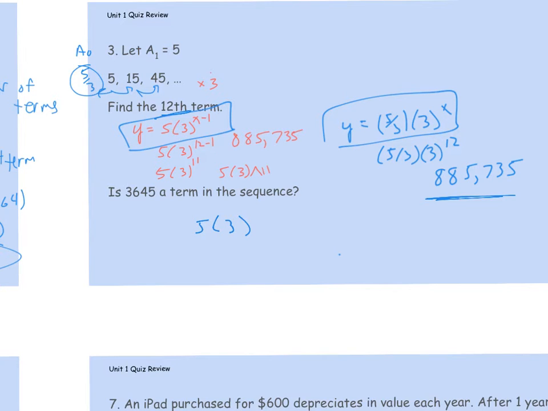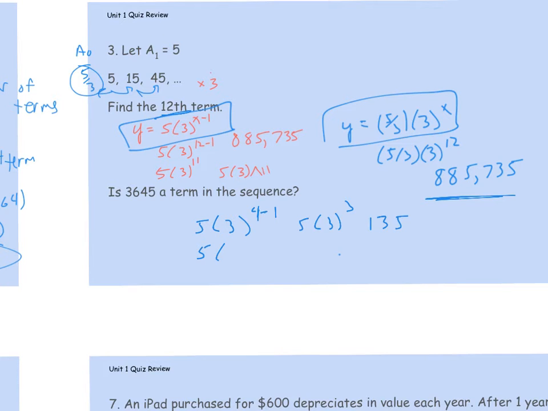Oh, let's try the fourth. So 4 minus 1. If you plug that into your calculator, that'd be 5 times 3 to the third power. I get 135. So it's not even close.